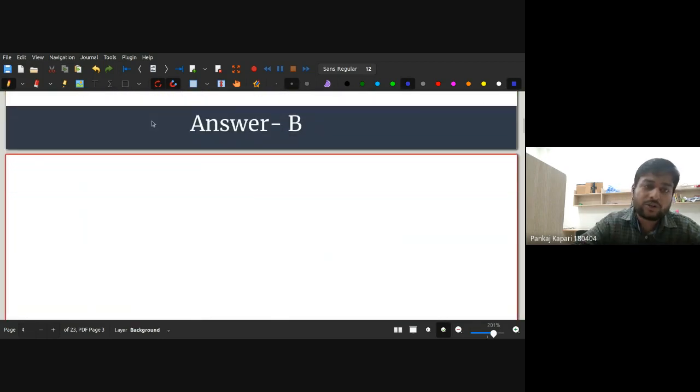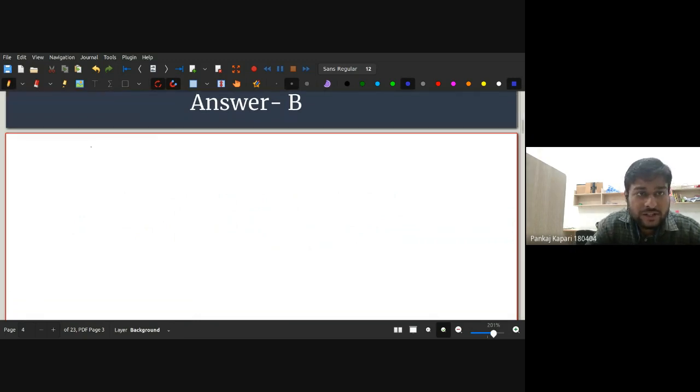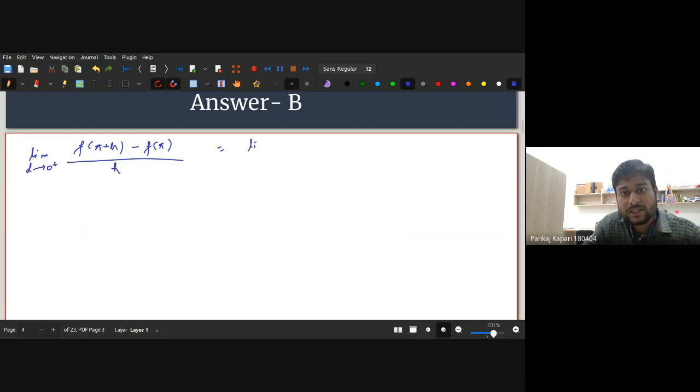Okay, now we will use the condition of differentiability. Now the function is differentiable. That means again this limit at pi, the limit of f(pi plus h) minus f(pi) divided by h, where h approaches 0 from the right hand side, must be the same as the limit as h approaches 0 from the left hand side of f(pi plus h) minus f(pi) divided by h.